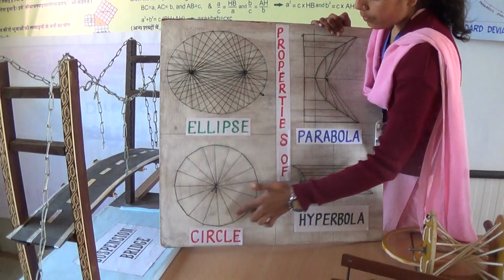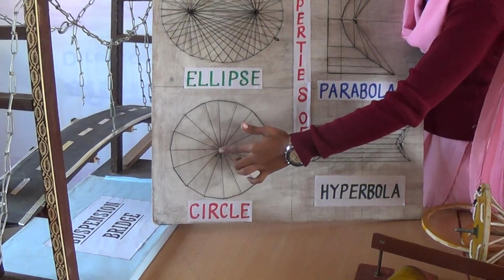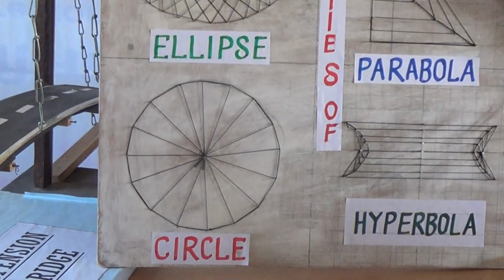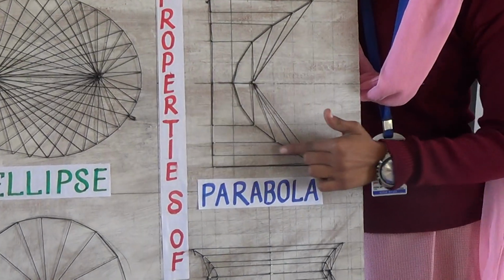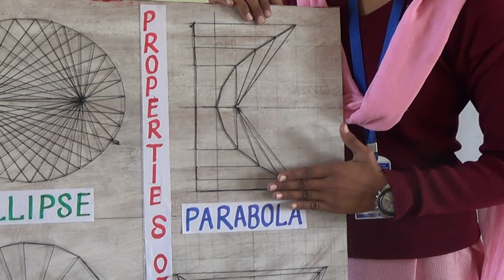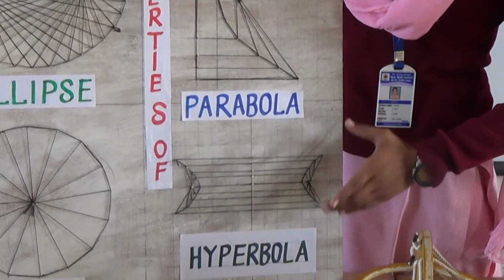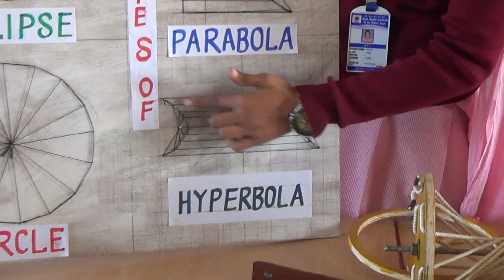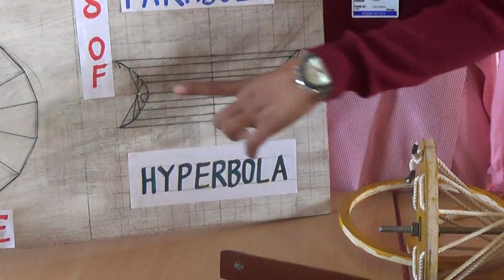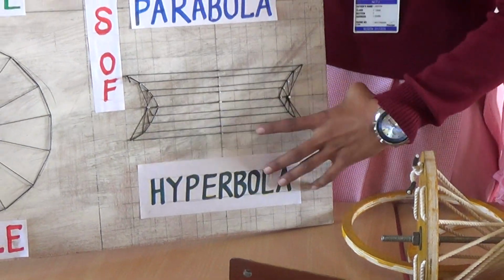Circle is a locus of points in the plane which are equidistant from a fixed point. Parabola is the set of all points in the plane which are equidistant from a fixed point and a fixed line. Hyperbola is the set of all points in the plane whose difference of distances from two fixed points is constant.